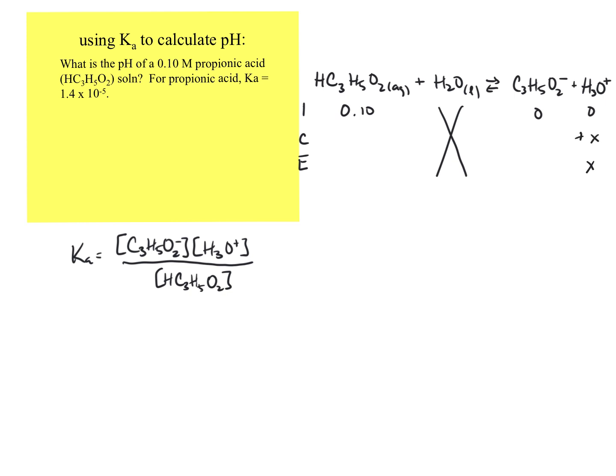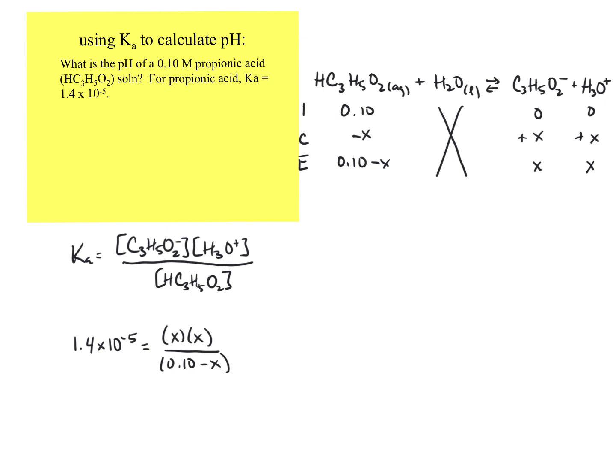Therefore, this will go up by a factor of X, and this will go down by X. So X and 0.10 minus X. Now, for solving, we're going to put in 1.4 times 10 to the negative 5. That's the Ka value given to you in the problem. The C3H5O2 is X, and this is X, and then this is 0.10 minus X.